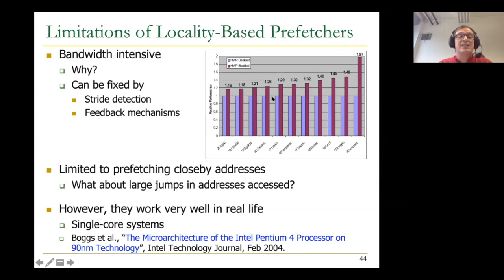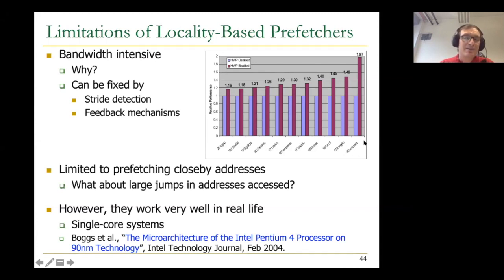And this is an example from single core systems. I copied this picture from the Intel Prescott processors paper, which describes an Intel Prescott processor, which is a version of the Pentium 4. And you can see that the relative performance on these workloads compared to no prefetching, prefetcher disabled, is significant. So you can see some workloads gain 16%, some workloads gain 97%.